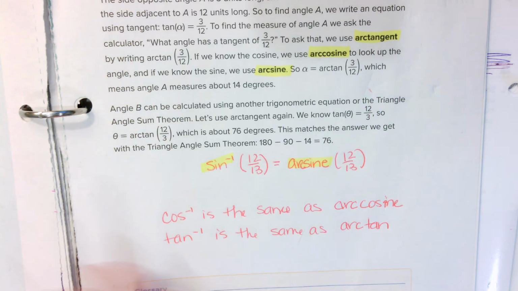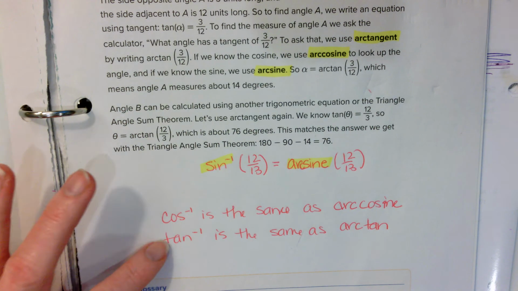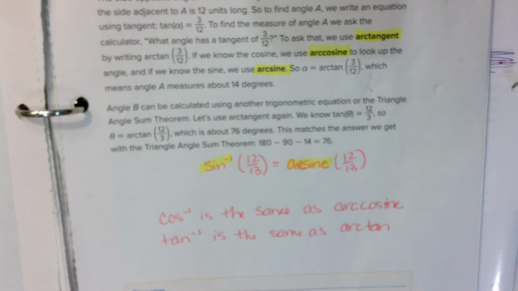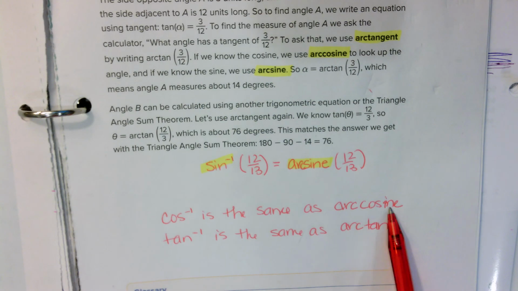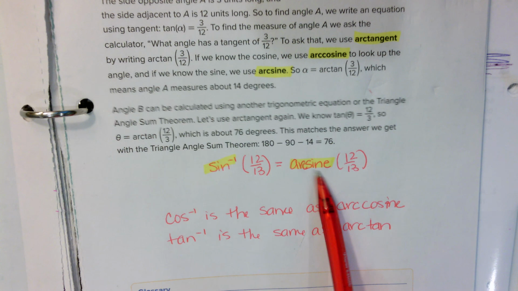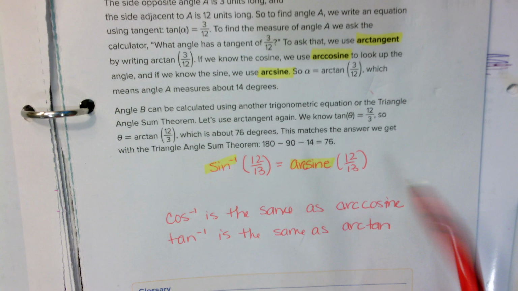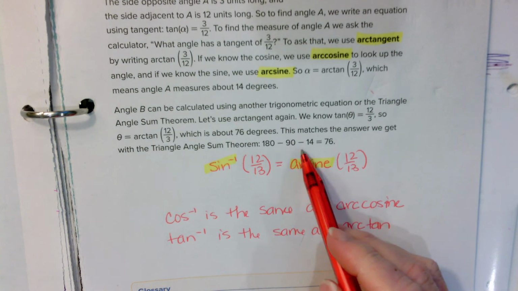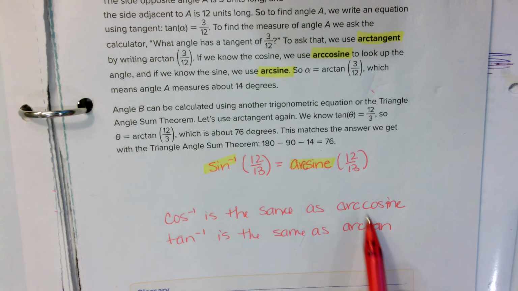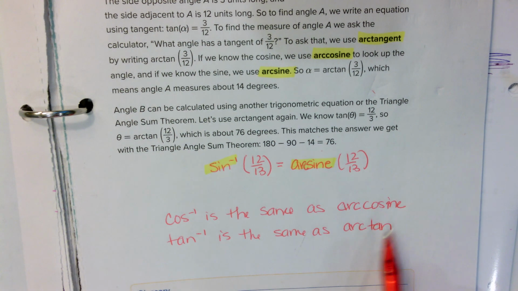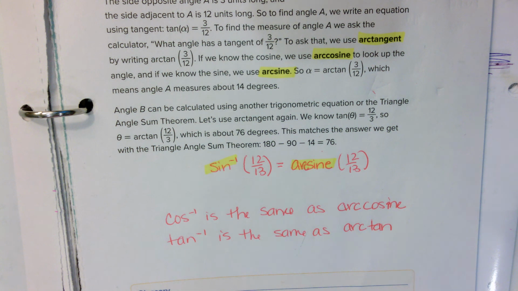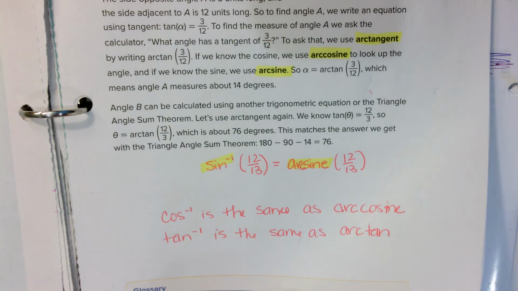So in our class, we've been using cosine inverse, tangent inverse, and sine inverse. But if you see the words arc cosine, arc tangent, arc sine, you could always just cross it out and literally write sine inverse above it. Cross it out, write cosine inverse above it. Cross it out and write sine inverse above it. This way, you won't get them confused. Thank you very much.